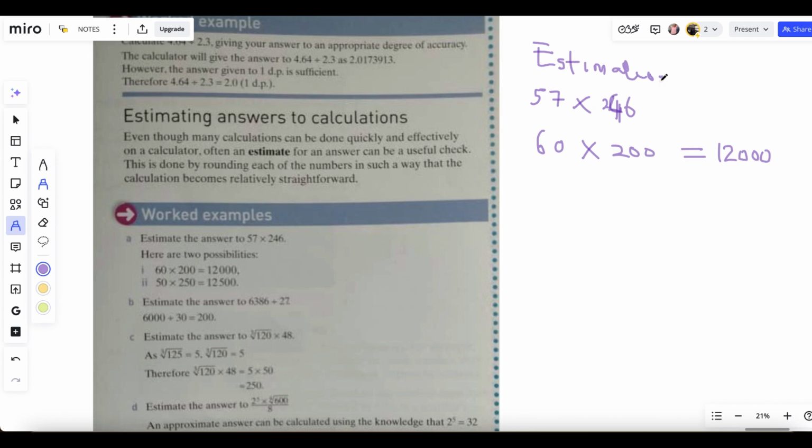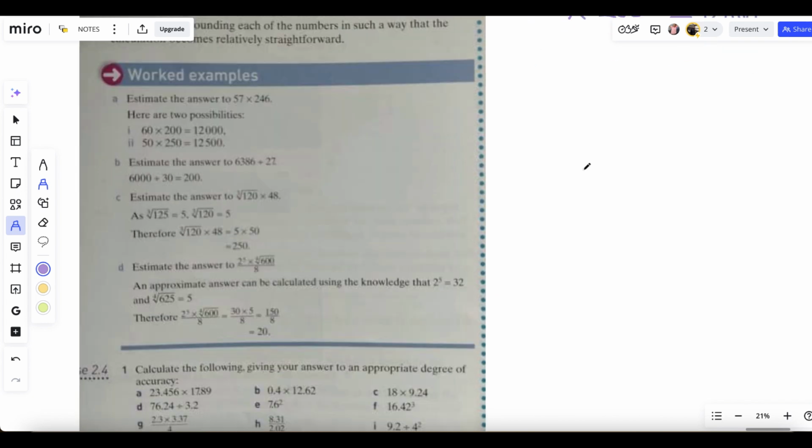If someone multiplies 57 times 246, the person is supposed to get something close to 12,000, either below or a little bit above 12,000. Okay, let's move on quickly.